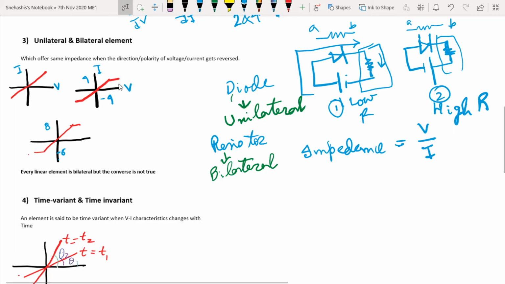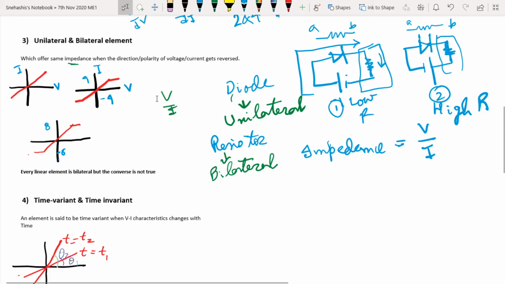Now if we try to analyze that from IV characteristics, what does it signify in terms of slope or characteristics? You see the same impedance when direction or polarity gets reversed. So what is impedance?